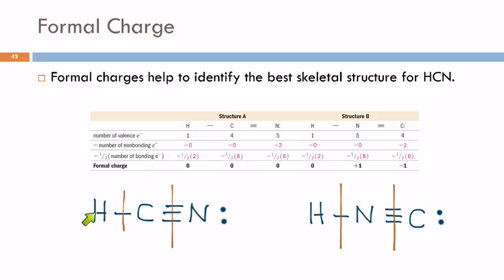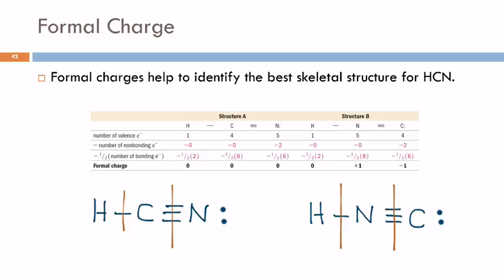So for hydrogen, we're going to look at the number of valence electrons hydrogen atoms have compared to the number of valence electrons that the hydrogen in here owns. So these two atoms get divorced, right? And they're going to split the property equally, regardless of whether that's actually fair or not. And so this bond of two electrons, each of them gets one. So in this compound, with this structure, the hydrogen owns one electron.